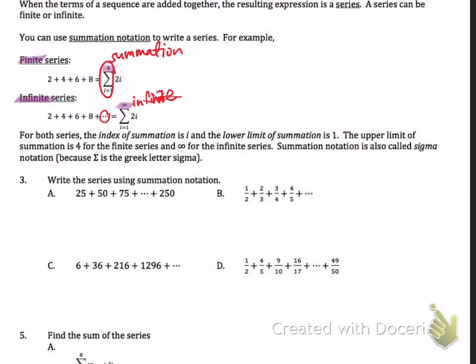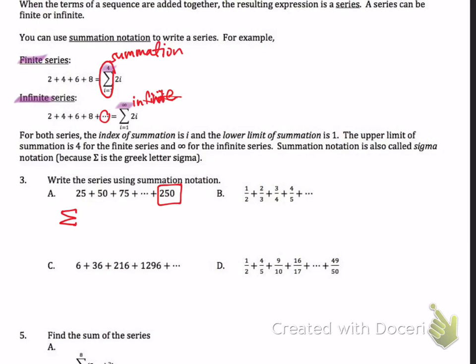So we are going to look at part A for number 3. We're going to write a series using summation notation. So it ends at 250, so it doesn't go on forever. So that means that I'm going to have a number on top. So I'm going to put my sigma. You can draw it as best as you can.